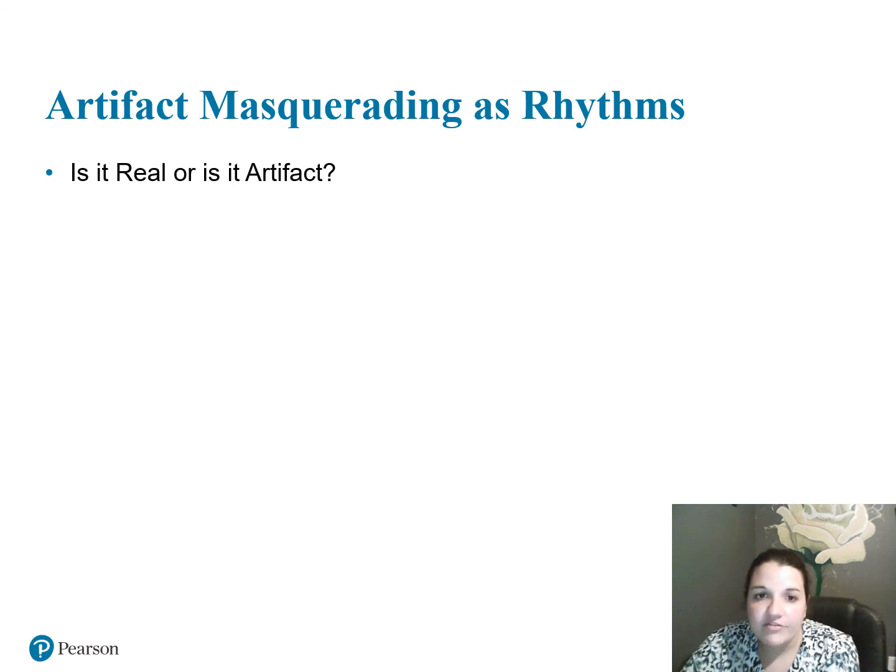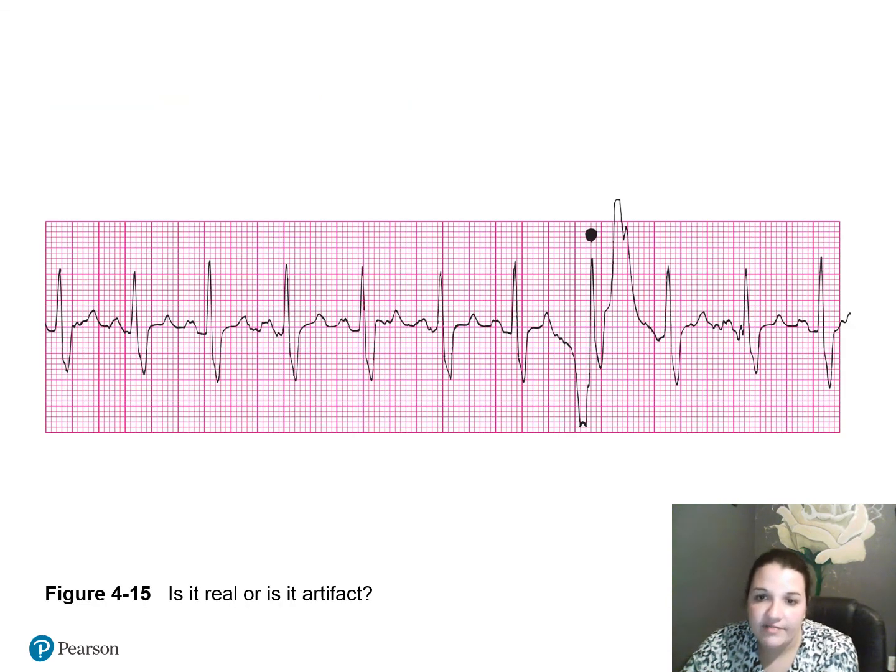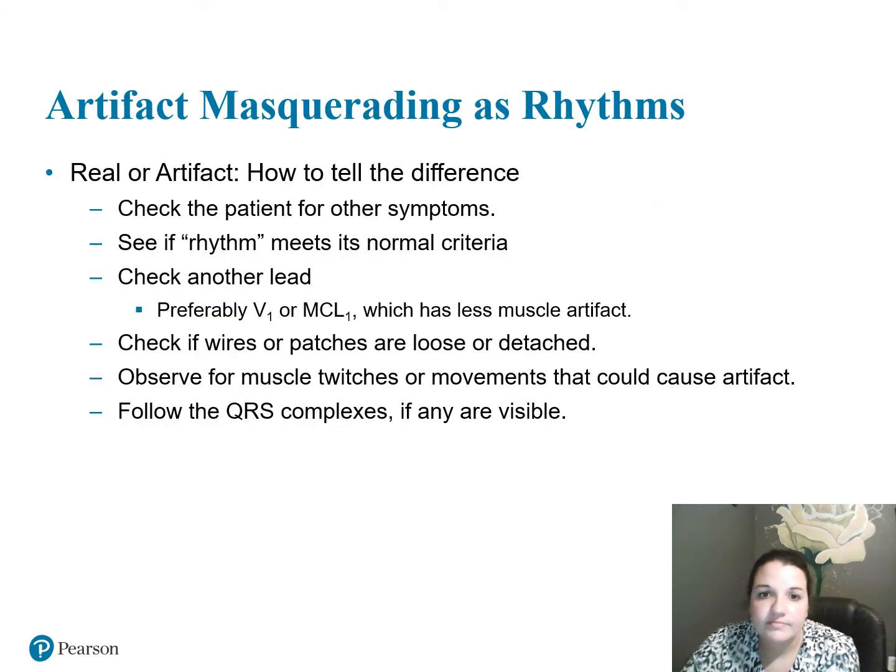So, is it real or is it an artifact? We notice that we see something different here. So, is this real or is it an artifact? How do you tell the difference? You're going to check the patient for symptoms.